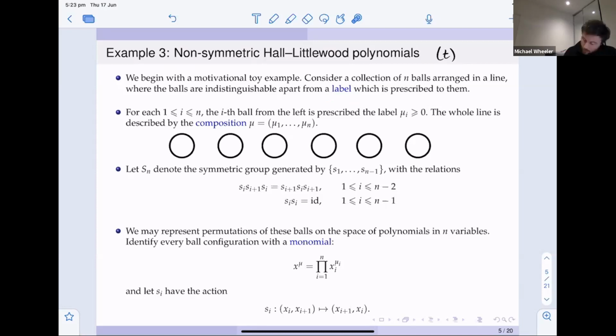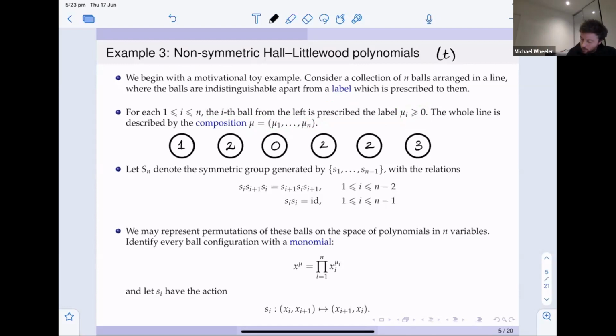More precisely, the ith ball from the left is going to have label mu i. And so the whole line can just be described by a composition. If you like, you can also think of this line of balls as just being an integer composition. So let's do a little example. Maybe this ball is going to have label 1, this will have label 2, label 0, this can be a 2, this can be another 2, and this could be a 3.